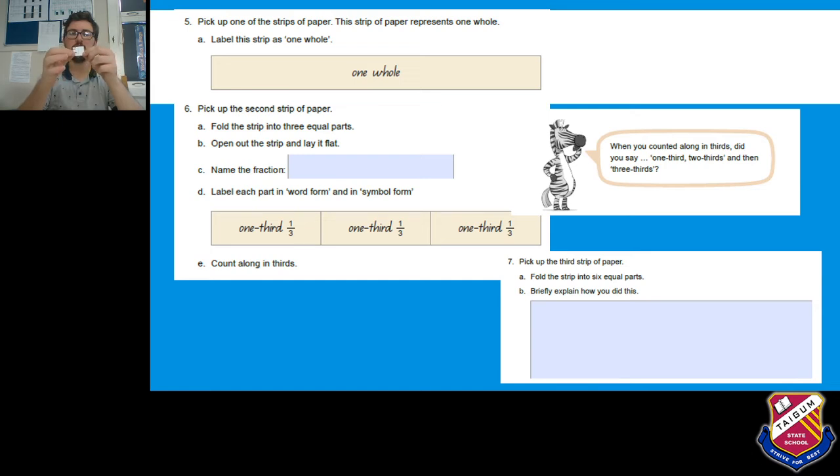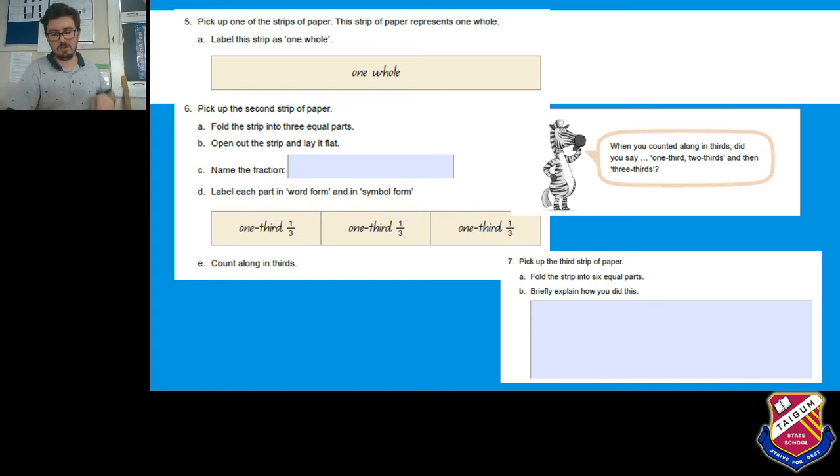You can see that each time it's getting smaller because as the fraction increases, the parts get smaller. So if I open that back up, I've got 1, 2, 3, 4, 5, 6. Now we're doing this live, so I better not make a mistake, hey?